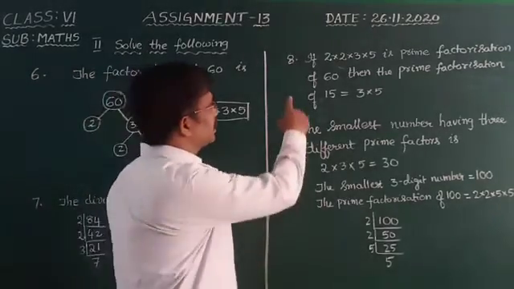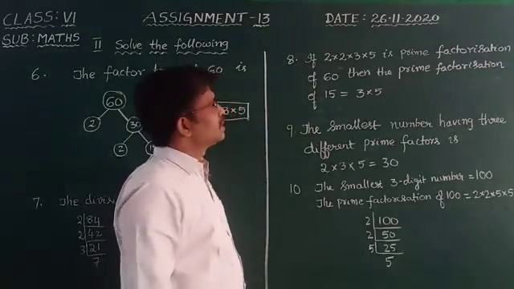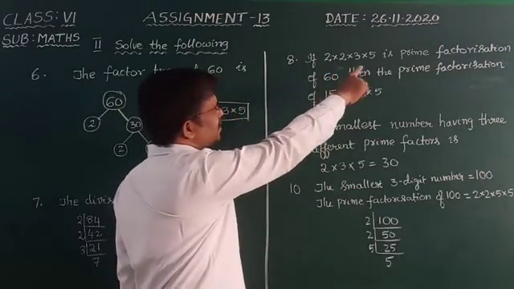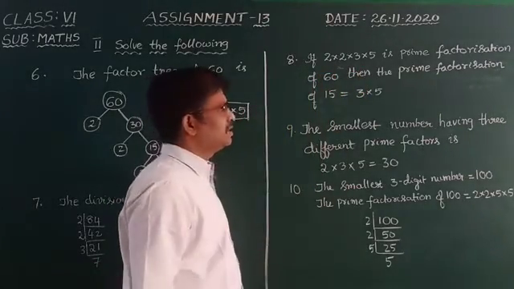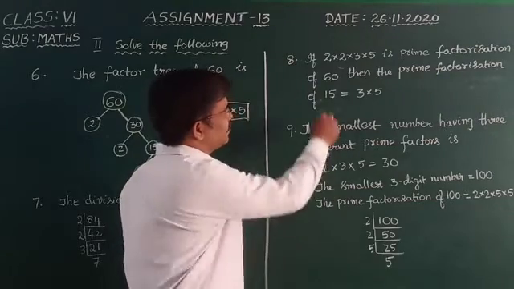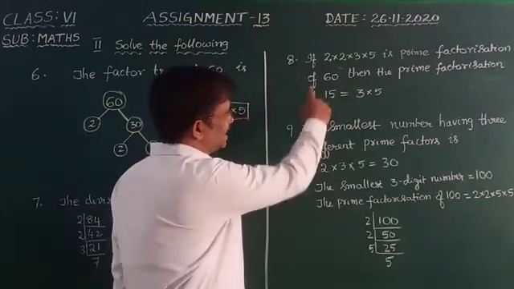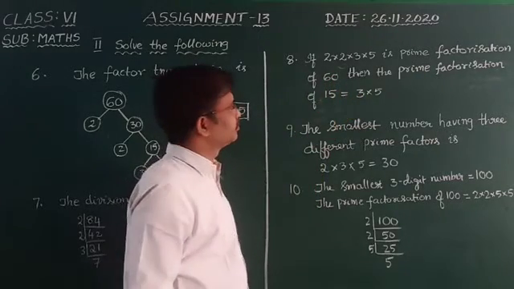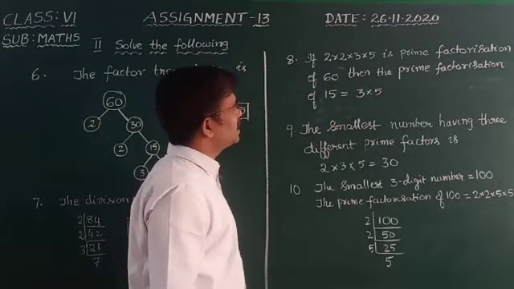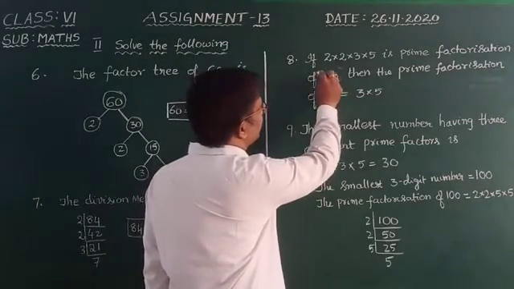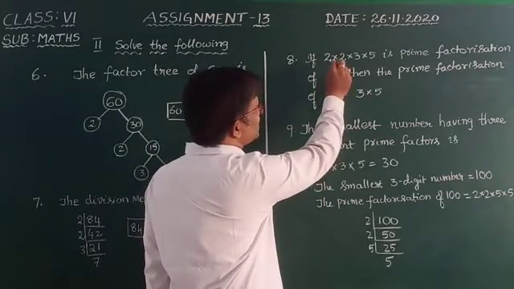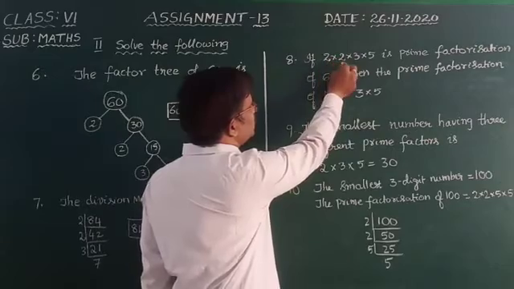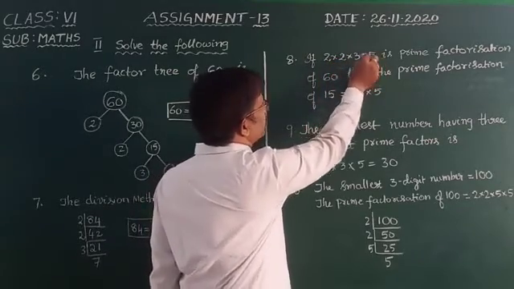Next, eighth question. Suppose the prime factorization of 60 is given, then what is the factorization of 15? 60 can be written as 15 into 4. 15 4s are 60. Therefore, the prime factorization of 60 they have given is 2 into 2 into 3 into 5.